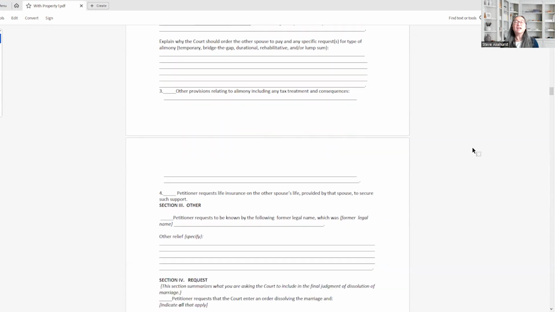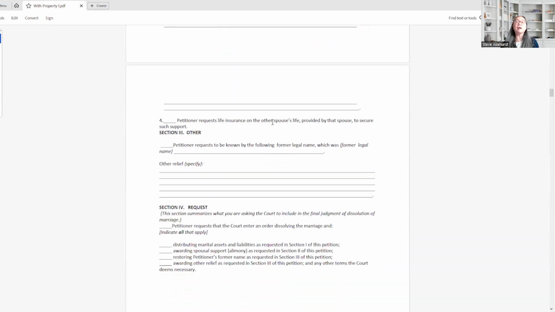All right. And number 4 is asking about life insurance. When you get alimony, if alimony is granted, it's for a certain period of time. If your spouse passes away, that ends, so you can't get any more alimony. So if you have the other spouse get life insurance until you're supposed to receive your alimony, if he passes away beforehand, then you're protected in getting some money.